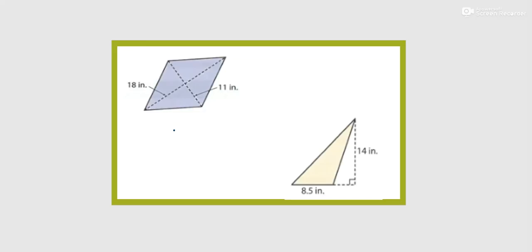Next, we have our rhombus. And if you see, we have our 2 diagonals. So diagonal 1, diagonal 2. And if you remember, we said that it was 1/2 diagonal 1 times diagonal 2. So all we have to do is fill in the numbers.